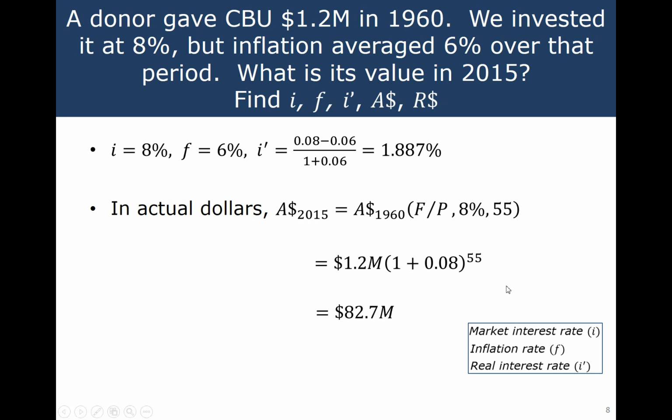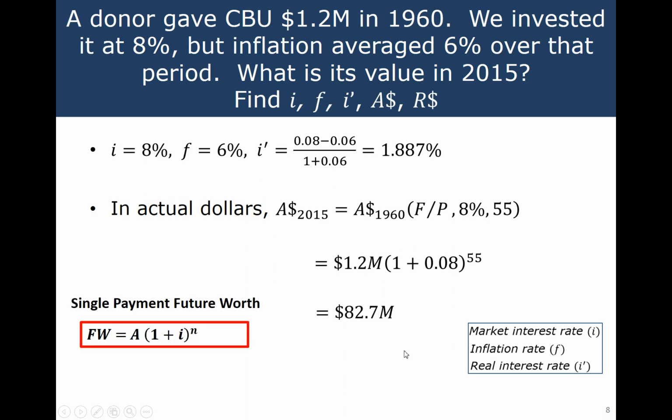If you calculate that, you will figure it out, it's 82.7 million dollars. So that means 1.2 million is now 82.7 million dollars, and that is actual dollars now on the market. So we use the equations, very simple, and you can understand that.